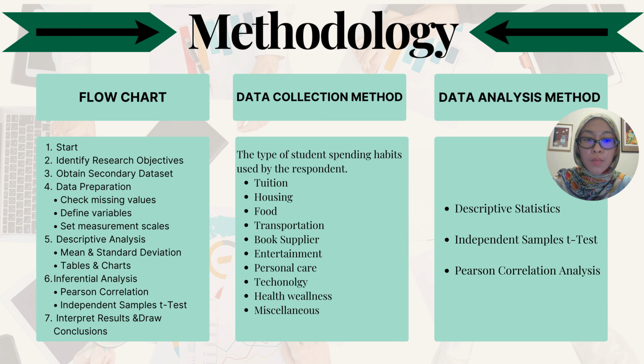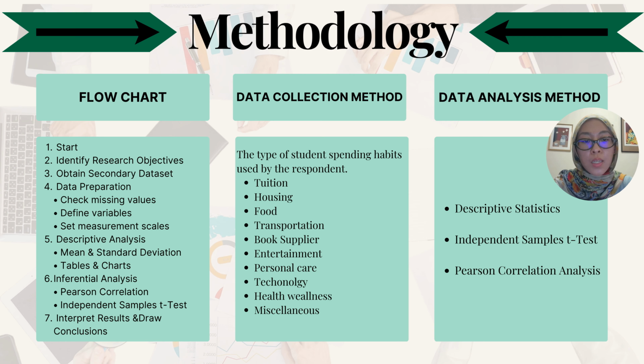For the data collection method, we collected data on student spending across various categories such as tuition, housing, food, transportation, books, entertainment, personal care, technology, health and wellness, and miscellaneous expenses.